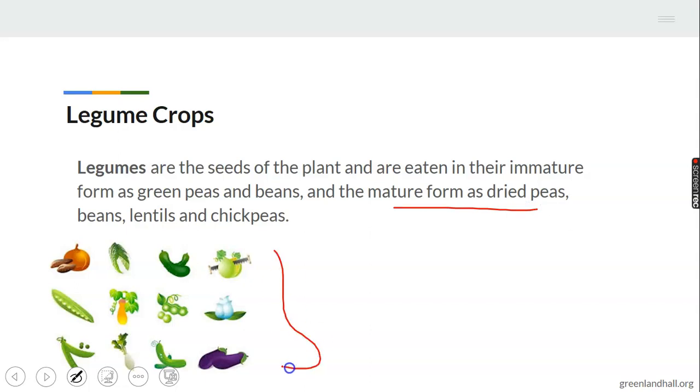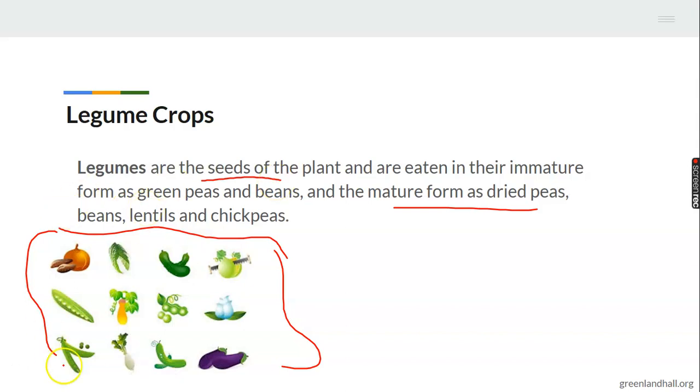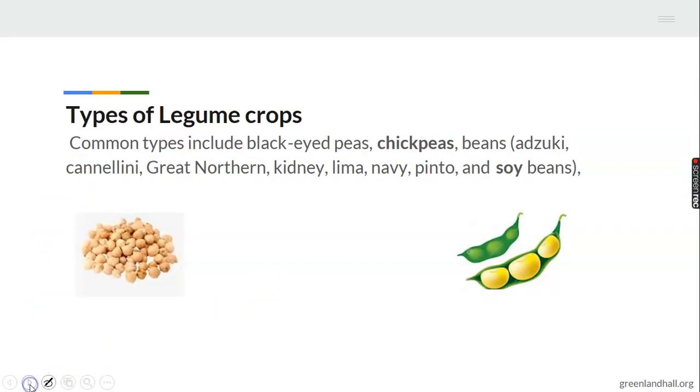All these plants here represent legume crops. We can call them seeds of plants, and they are eaten in their immature form. So you can get them at the stage where they are not fully mature, and they can be useful to a human.